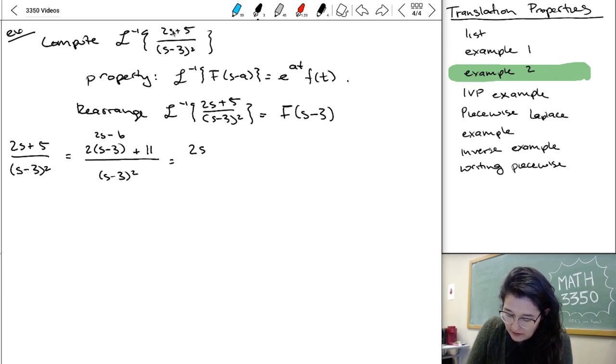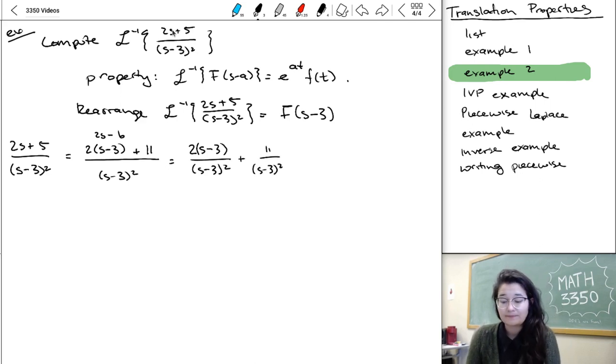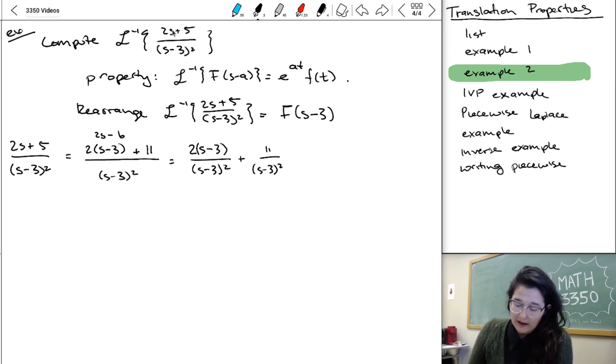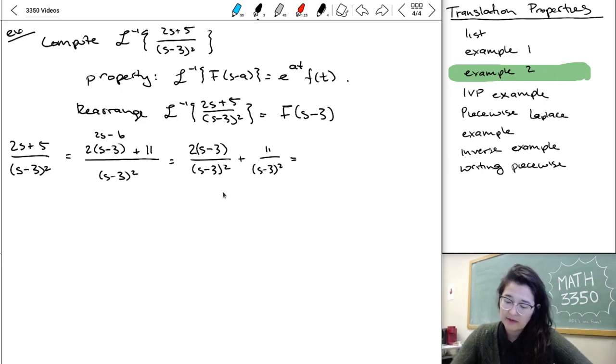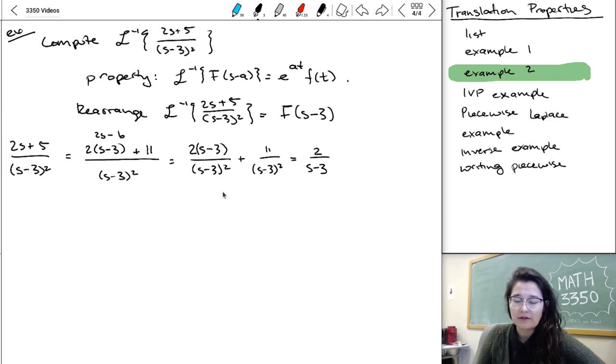Then that's 2 times (s minus 3) over (s minus 3) squared plus 11 over (s minus 3) squared. Splitting up that numerator, which is something I'm allowed to do, even if I can never split up the denominator. And then I'm going to go ahead and cancel out on top and bottom one of those s minus 3. So I just have 2 over s minus 3 from that first term.